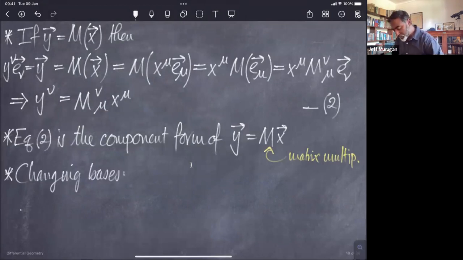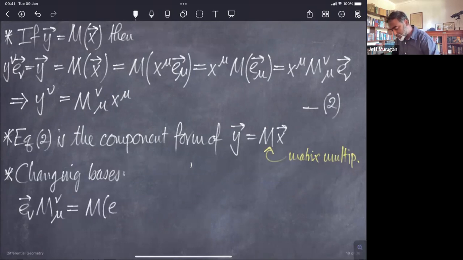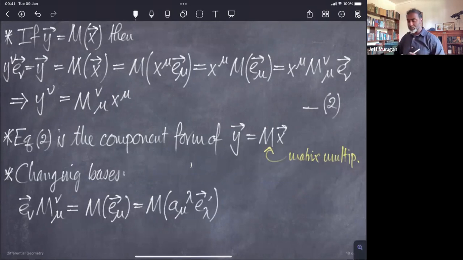Right? So E_ν M^ν_μ is M acting on E_μ. But this thing is just M acting on A_μ^λ E_λ' under the change of bases. And I can take the A_μ's outside of this expression because M just acts on vectors.